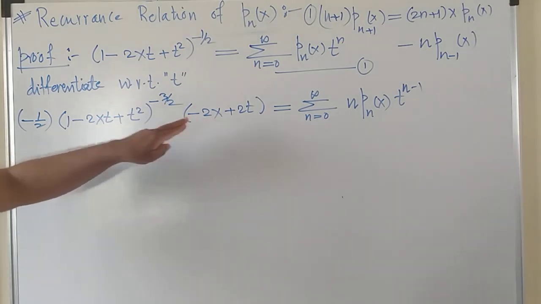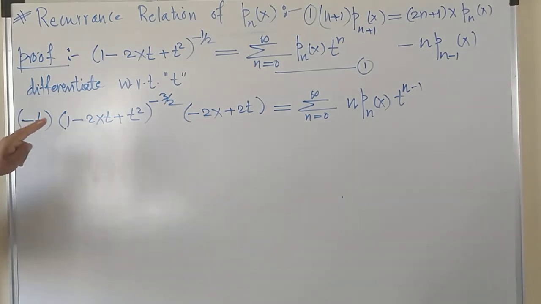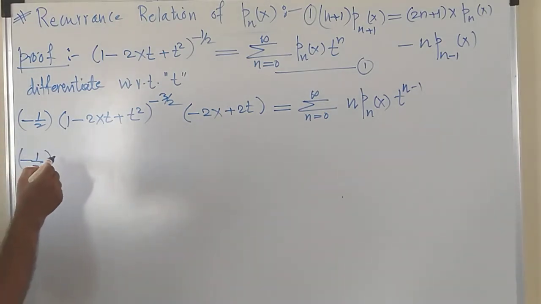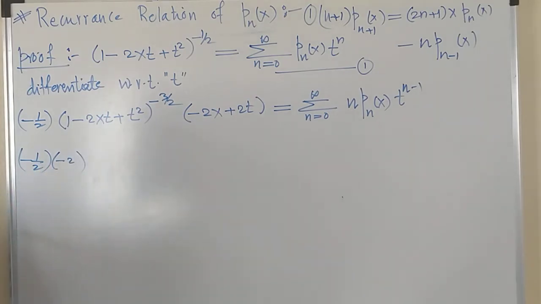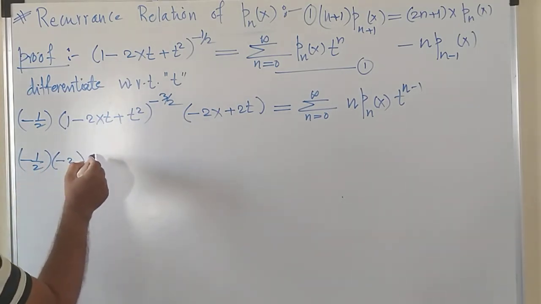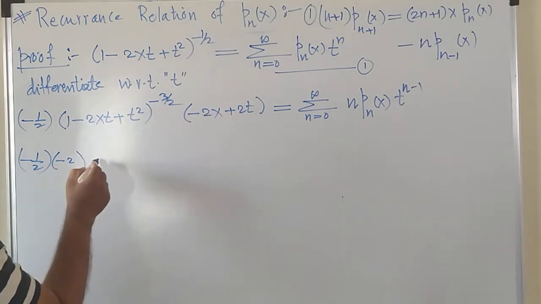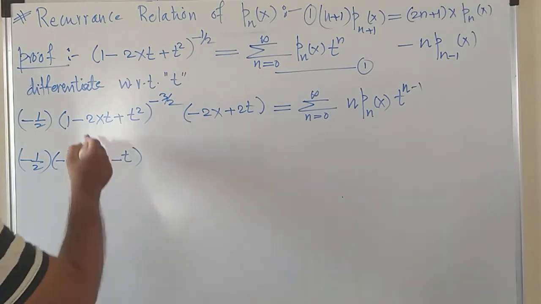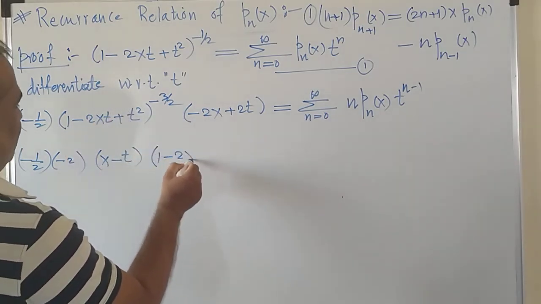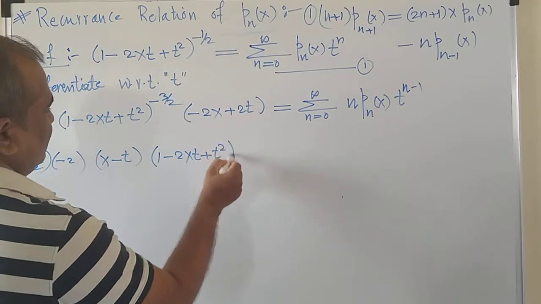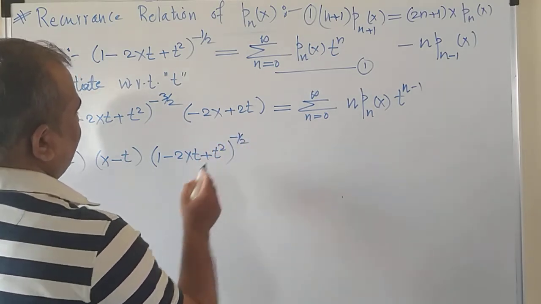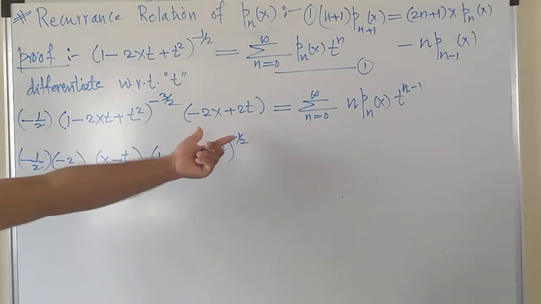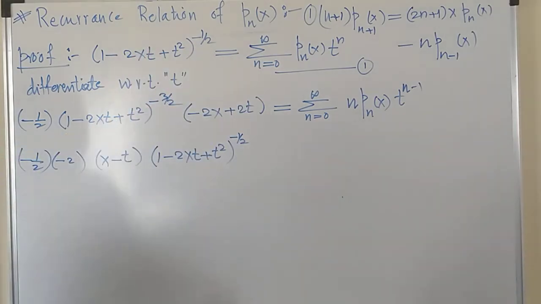Right? So we got this kind of a relation, and once you get this relation, I will take out minus 2 common here, so that this 2 gets cancelled and negative negative will become plus. So minus half into minus 2 I will write here, and the remaining part will be x minus t, and this is 1 minus 2xt plus t square raised to power minus 3 by 2. This into t raised to power minus 1, I will shift to the other side, so that it will be positive.